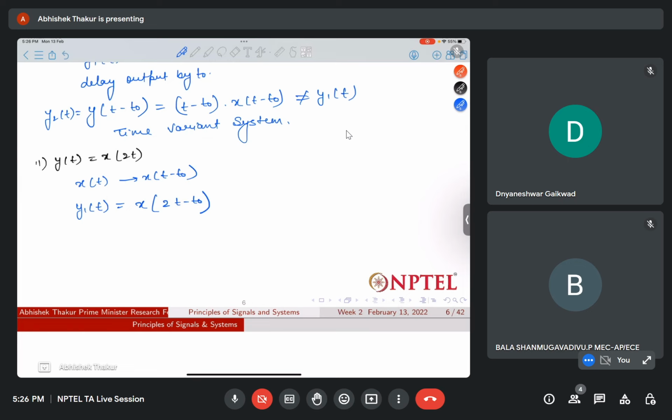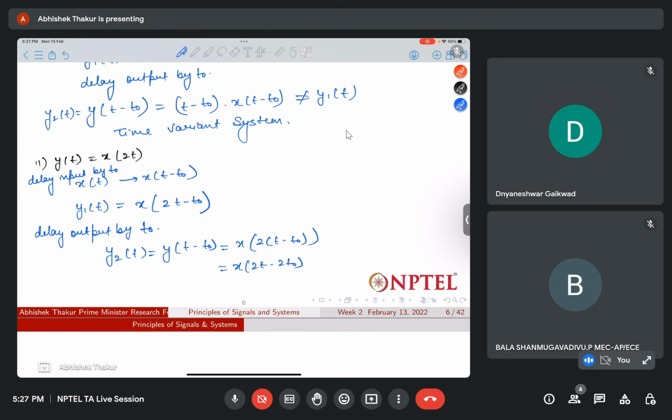Now this was delaying the input by t naught. Now delay the output by t naught. Then we'll get y2(t), that is equal to y(t minus t naught), that is equal to x of, in place of t you just substitute t minus t naught, then you will get x(2t minus 2t naught).